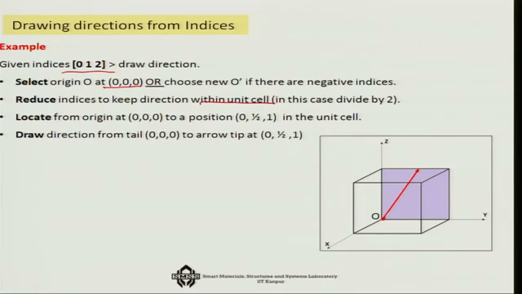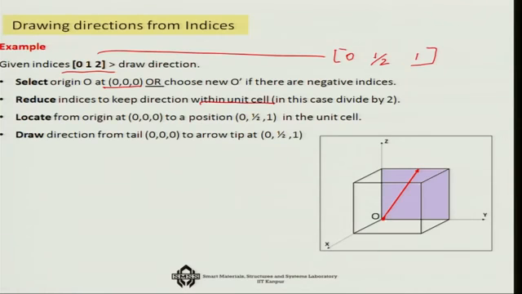So, divide this whole thing by 2. That means this would become 0, 1 half and 1. Now, locate from origin 0, 0, 0, x. So, you have to go 0 and then you have to go half.